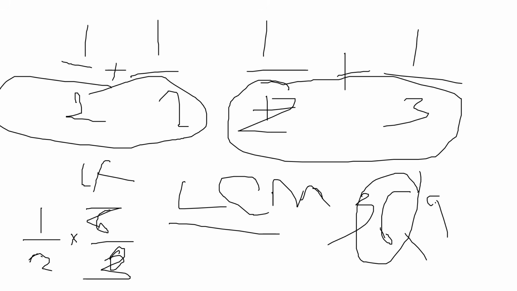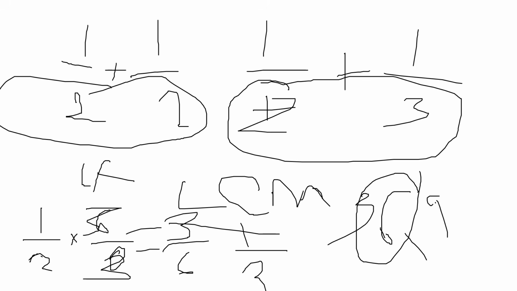You multiply by 3 on the top and the bottom. So then it equals 3/6. Okay. And then we still can't add right now, because 1/3 is still not found out. So now we gotta multiply.